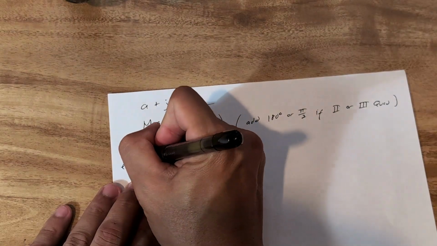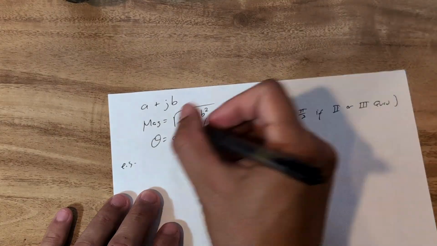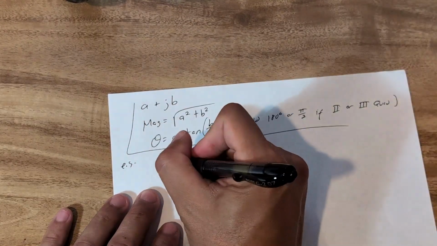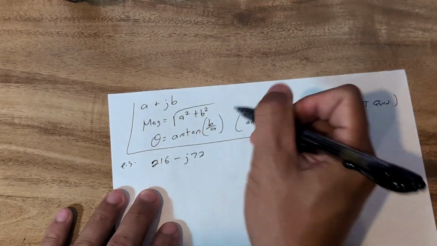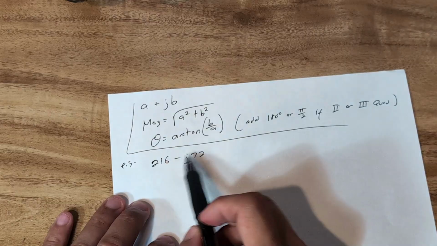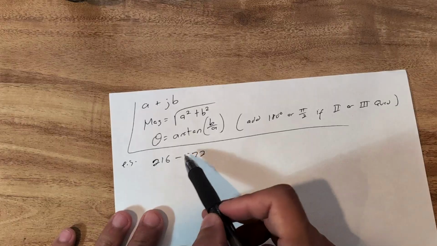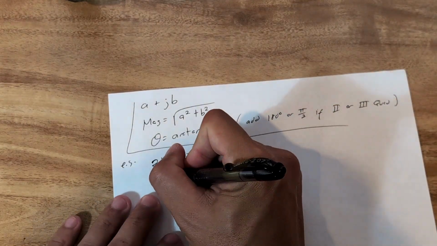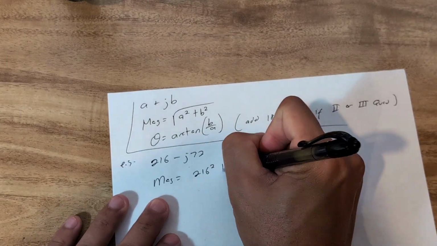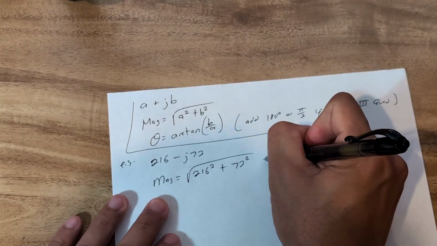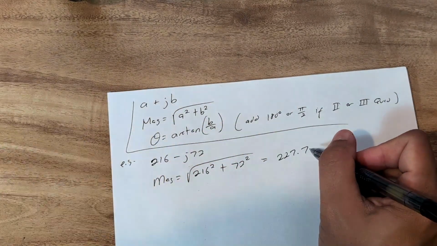For our example, we're just going to do something simple. Let's say it's 216 minus j 72, and you want to convert this from rectangular form to polar form. The magnitude is going to be the square root of 216 squared plus 72 squared, and that's 227.7.